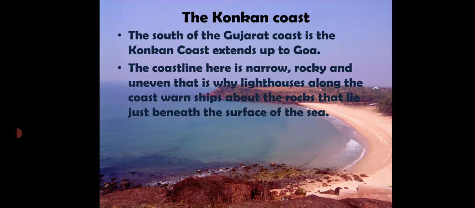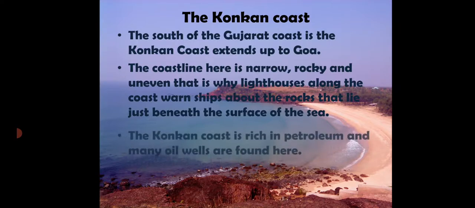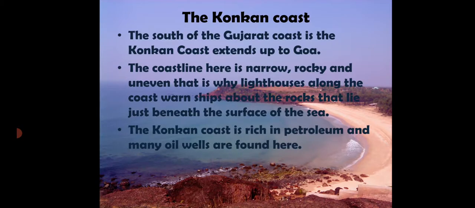So it is very important to have lighthouses there, because it is dangerous for ships to move there. The Konkan coast is rich in petroleum and many oil wells are found here.